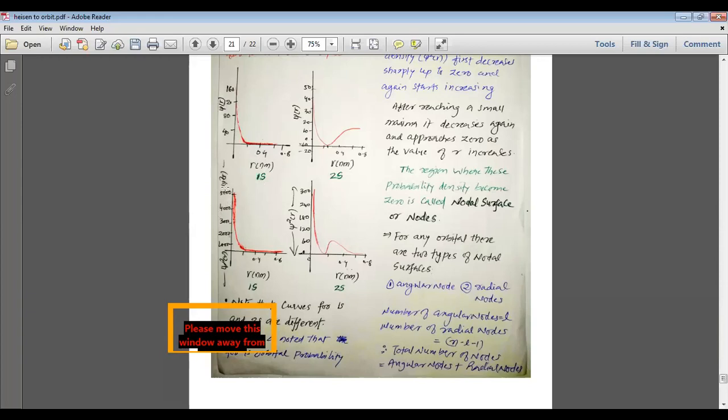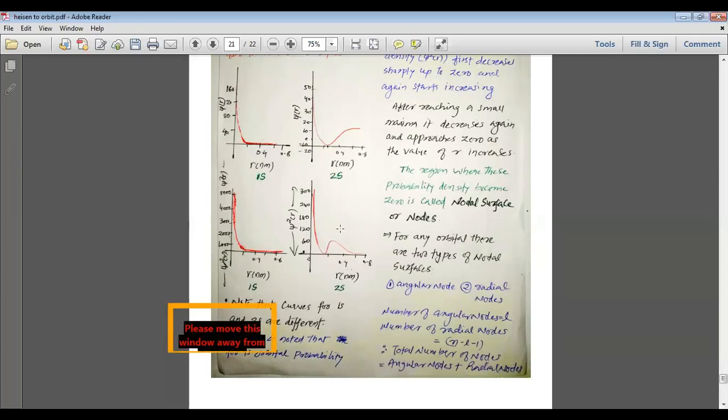When you look at psi square r for 1s, you can see the same kind of graph. The electron density is very high when the electron is near the nucleus, but as we go away from the nucleus, the probability of finding the electron decreases, goes to a minimum, and then runs parallel to the axis.